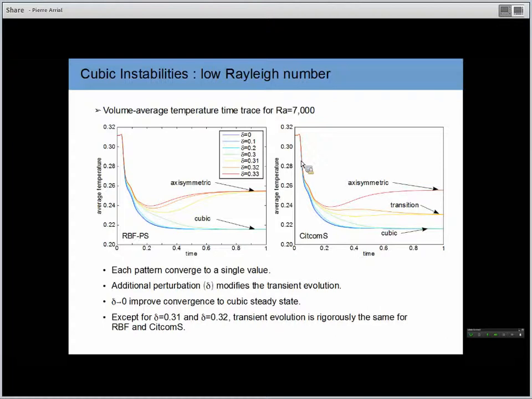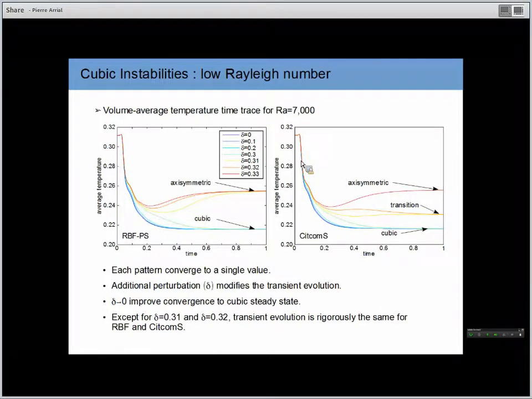So it's about the cubic initial conditions, given by this equation. The perturbation corresponds to a combination of two spherical harmonics of degree 4, and we introduce a distribution called delta here to destabilize the initial symmetry. Basically, with delta equal to 0, we have the classical cubic initial conditions corresponding to the first figure here on the top.